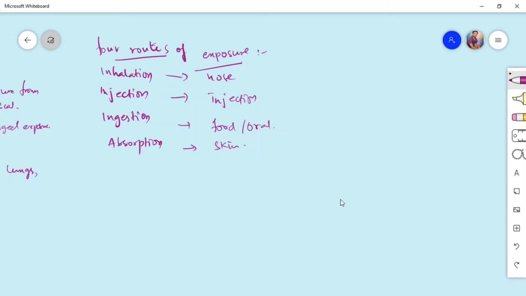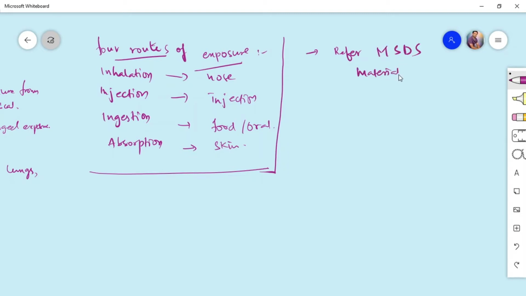How will we know what to do in case of a chemical exposure, or how do we know about the properties of that particular chemical? Simple, refer to the MSDS, material safety data sheet. We have discussed this, so I am not going to elaborate much. Refer to the MSDS. What are the precautions for chemical exposure? First try to eliminate the chemical.